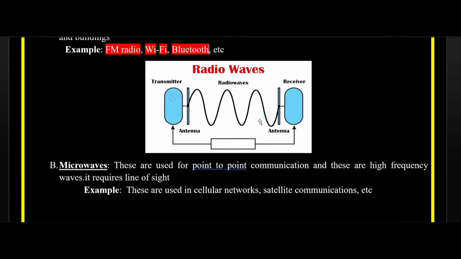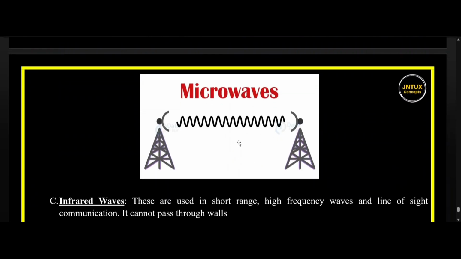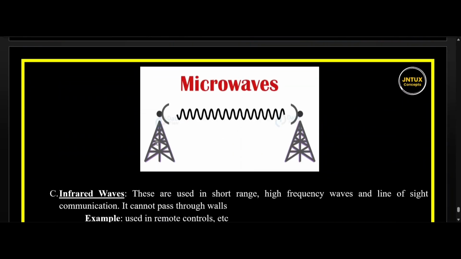Just the diagram is enough. Microwaves are used for point-to-point communication, and these have high frequency waves. They require line of sight. These are used in cellular networks, satellite communications, etc. This is the diagram of microwaves. These happen between 2 antennas, where one antenna is the receiver and one antenna is the sender.